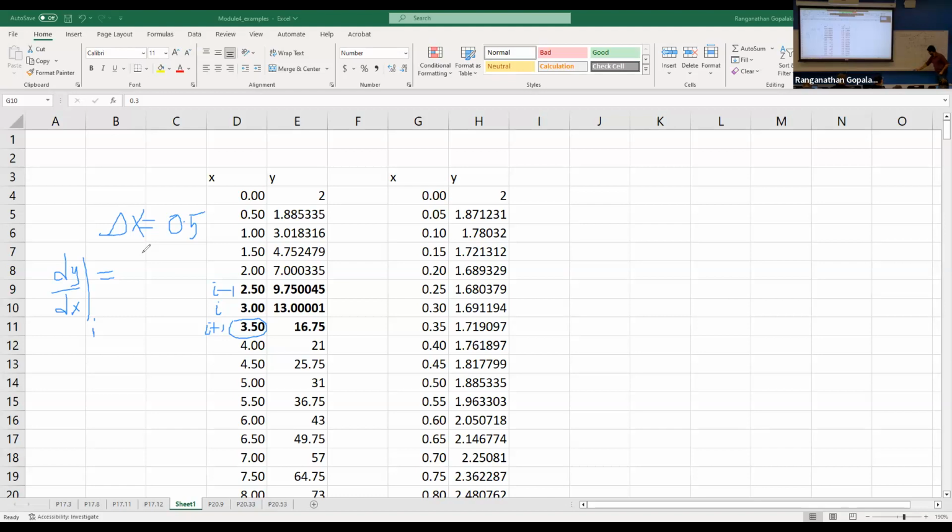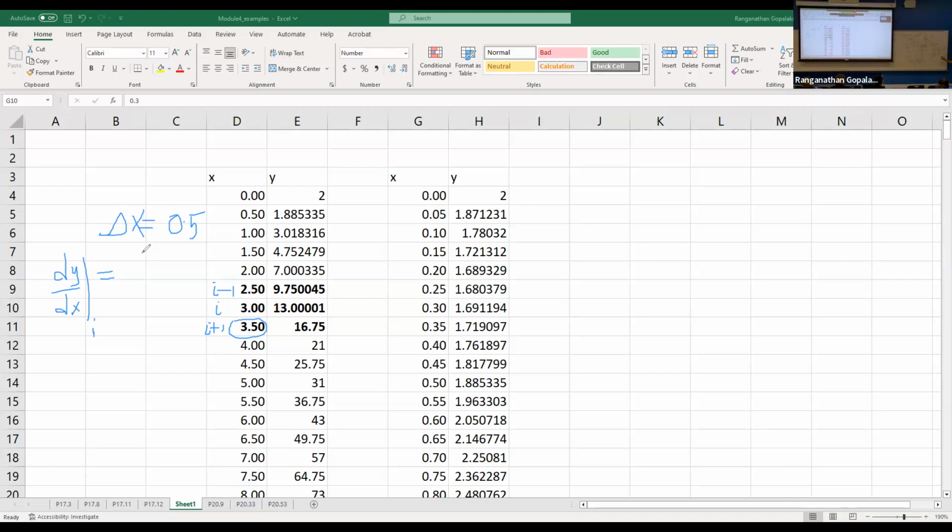So if I do that, I'm going to skip the algebra and just write dy by dx at i equal to yi plus 1 minus yi minus 1 divided by 2 delta x plus, when I subtract, this term just cancels away.